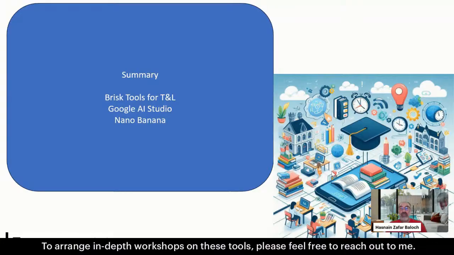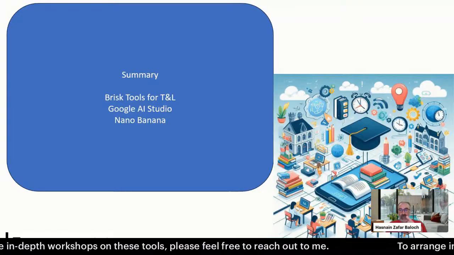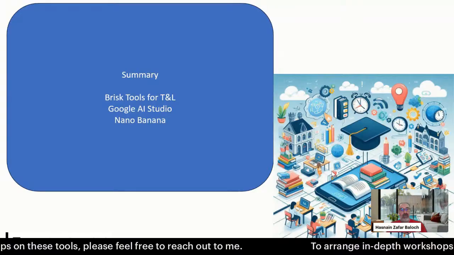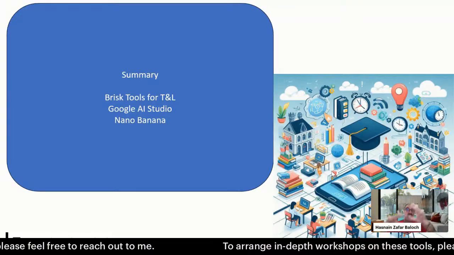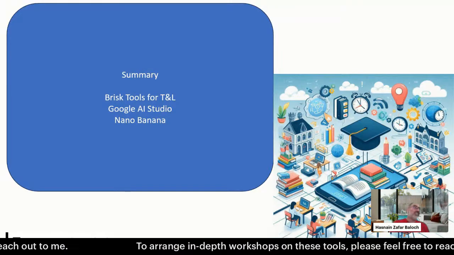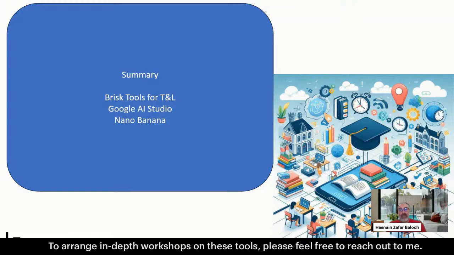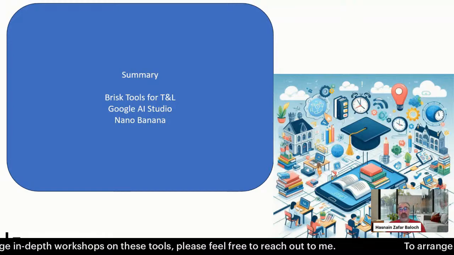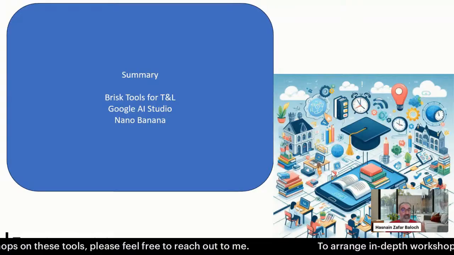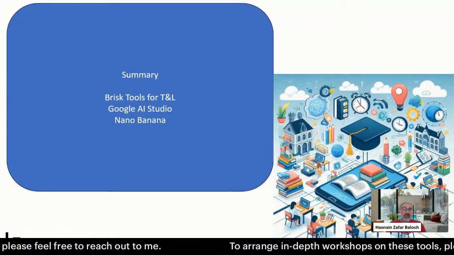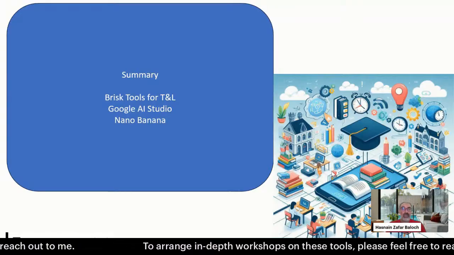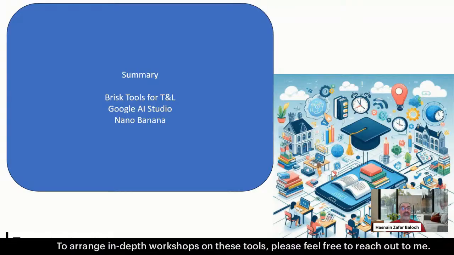Today I also shared, which was not that successful because of a conflict. Sometimes when you're doing a live broadcast, your screen sharing conflicts with your streaming software. But the whole idea was to share two features in Google AI Studio. One is Nano Banana, for generating images from your prompt, and the other was the streaming feature.